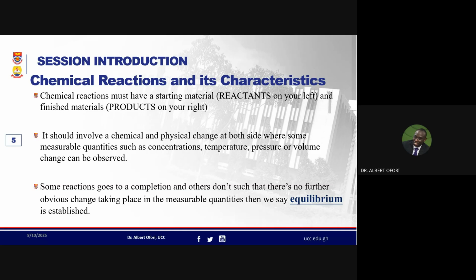Now, these elements put together also form what we call compounds. The compounds can be on a smaller scale, gas elements. We can have the ionic compound or the molecular compound. The ionic compound can either be a binary compound made up of only two elements, or it can be made up of polyatomic ions, different elements coming together to form the compound.